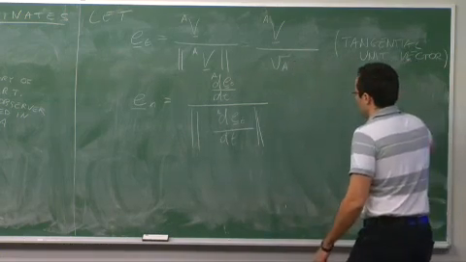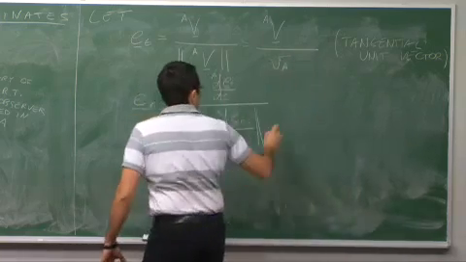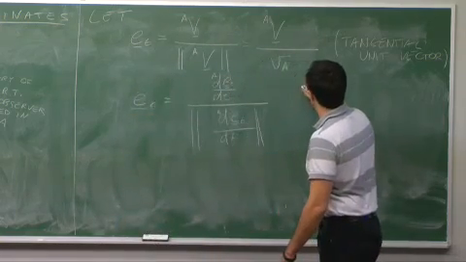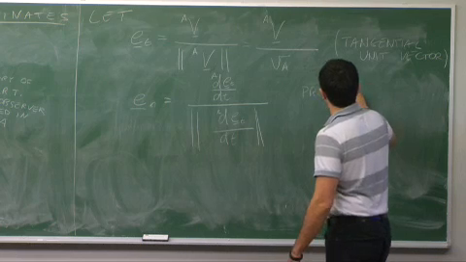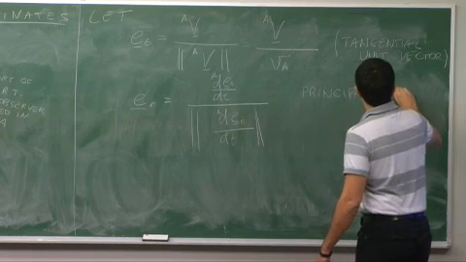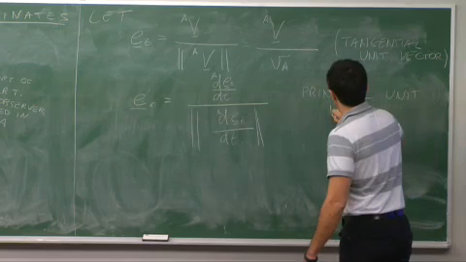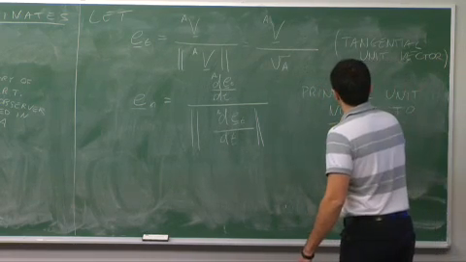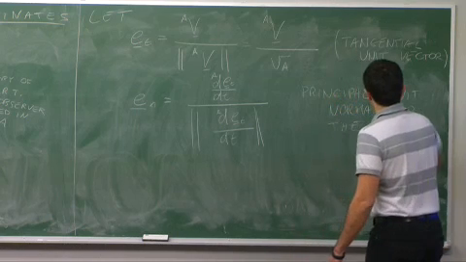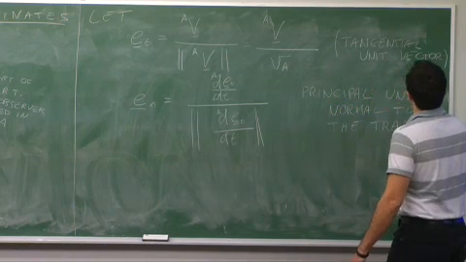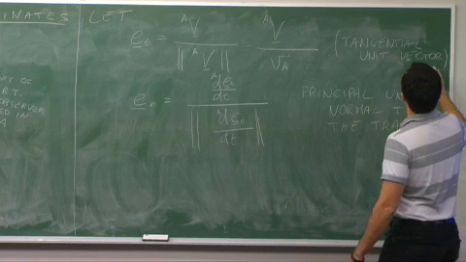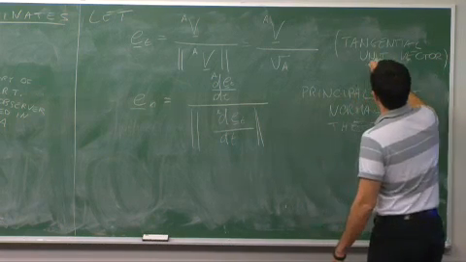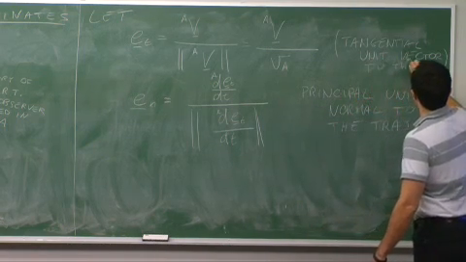And then the last one, well, guess what? OK, this is called the principal unit normal to the trajectory. Tangential unit vector to the trajectory, of course, here you may want to add.